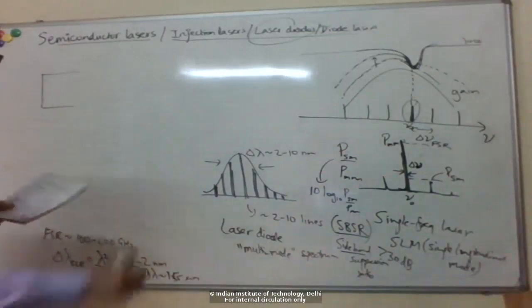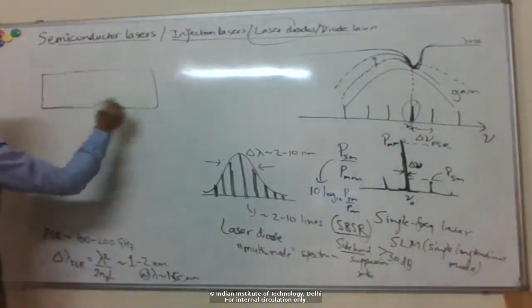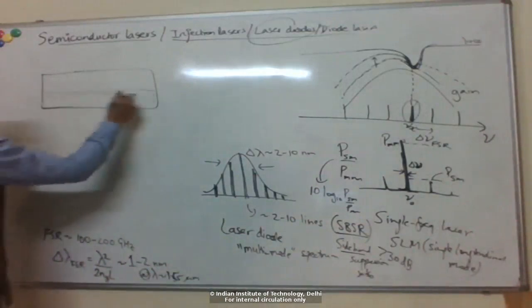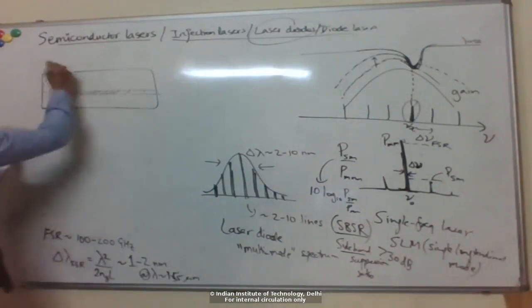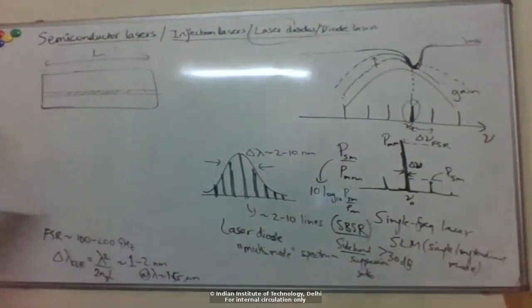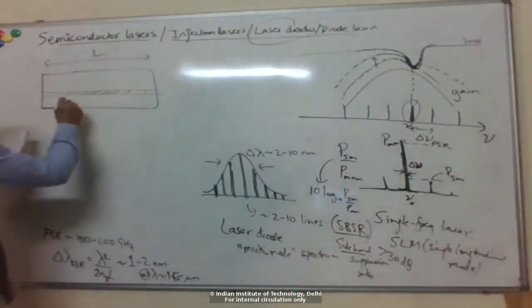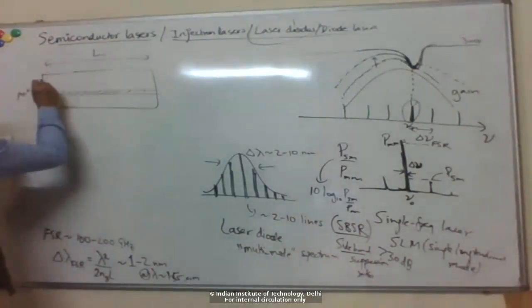There are two ways to do this. One is known as a DBR laser. What you do is, again, I'm looking at this laser from the side. So this is length L. This is the active region. This is the N region.